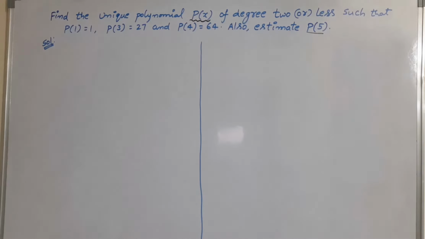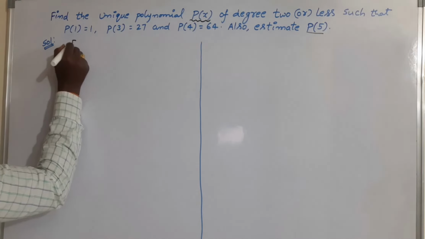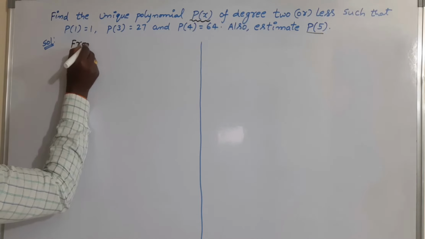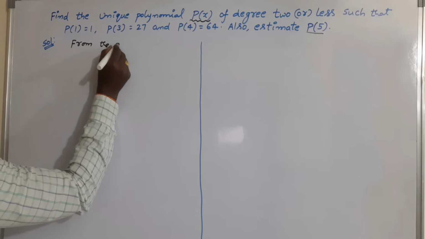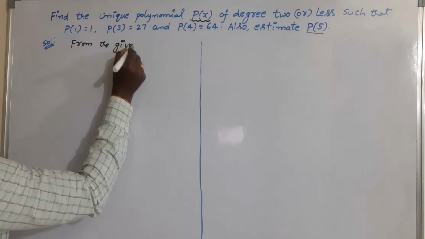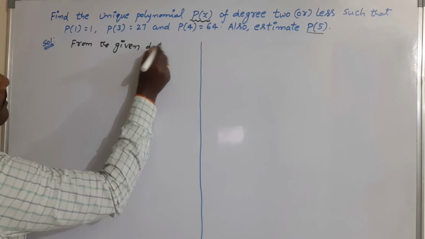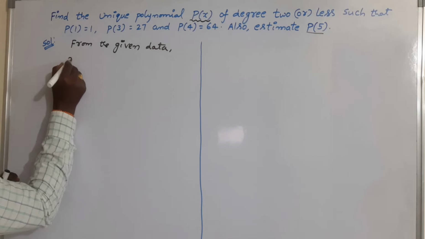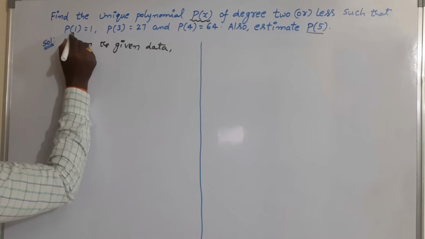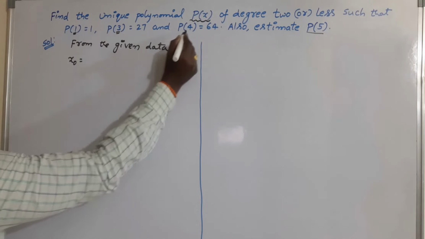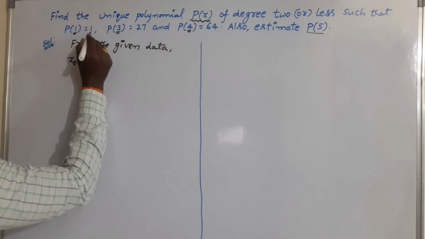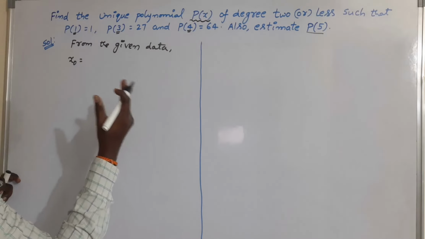Okay, see, from the given data, we have x naught is equal to 1. The inside values are known as x values and the outside values are known as functioning values of p.